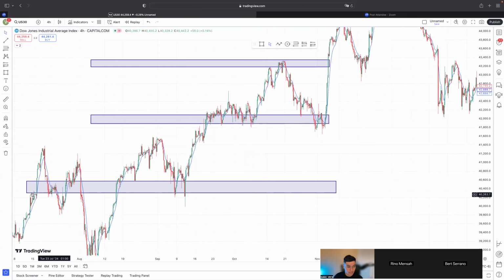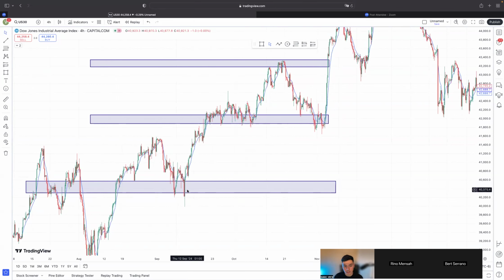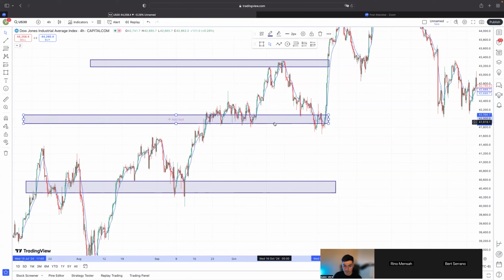As you can see, we have already bounced from this point 1, 2, 3, 4, 5, 6, 7, 8, 9 touches. And it's the same as the roof of this resistance right here, 9 touches. Usually, whenever there are more than 7 touches at a certain support or resistance level, that's considered a legitimate support or resistance key point.